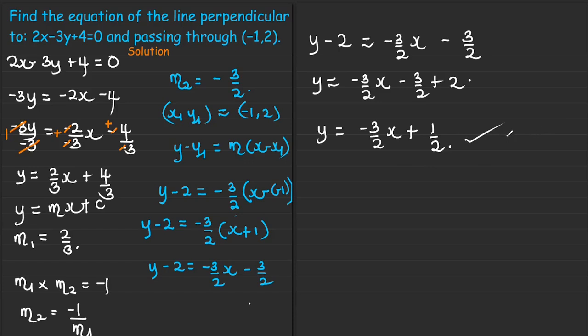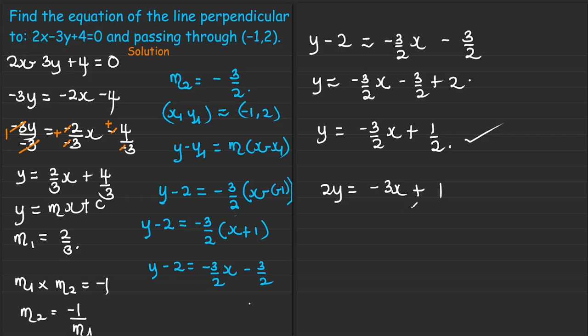But if you also want to leave your answer in the standard form, then you are going to multiply each and every term by 2, which will result in 2y equals negative 3x plus 1.